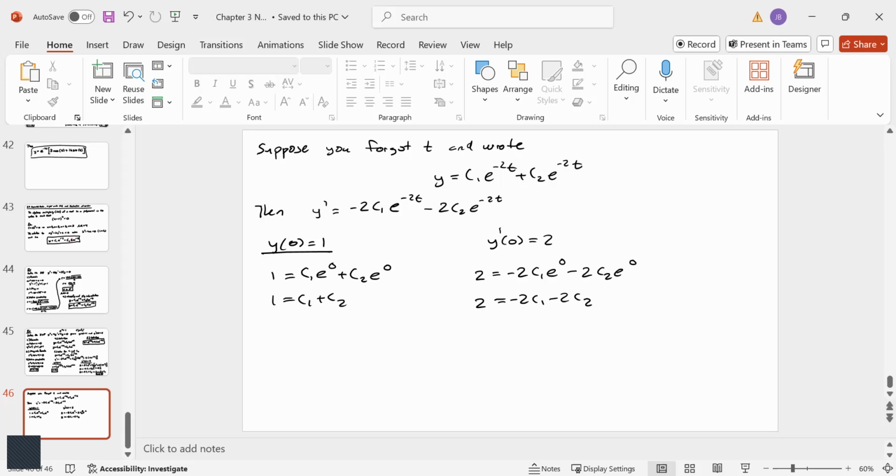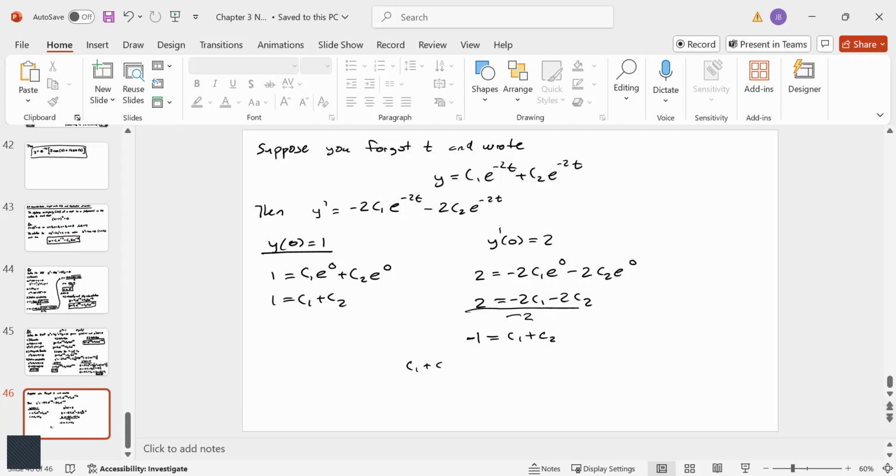You realize you can divide everything by negative 2. So if we divide everything by negative 2, we get 1 equals C1 plus C2. But you have the same equation, right? Notice that 1 is equal to C1 plus C2. Sorry, incorrect. This should be a negative 1. Take it back.